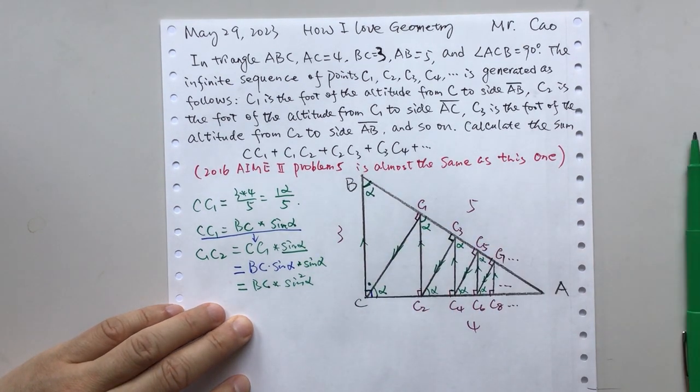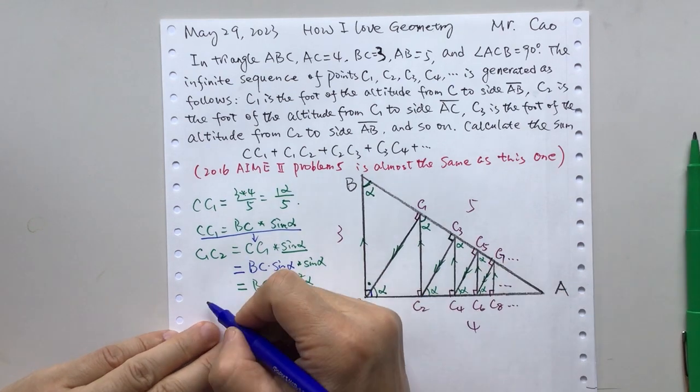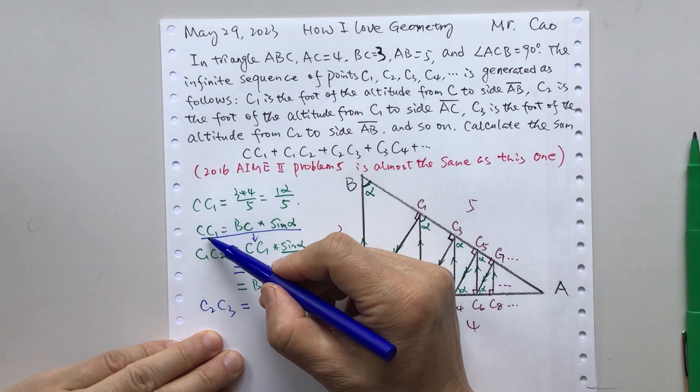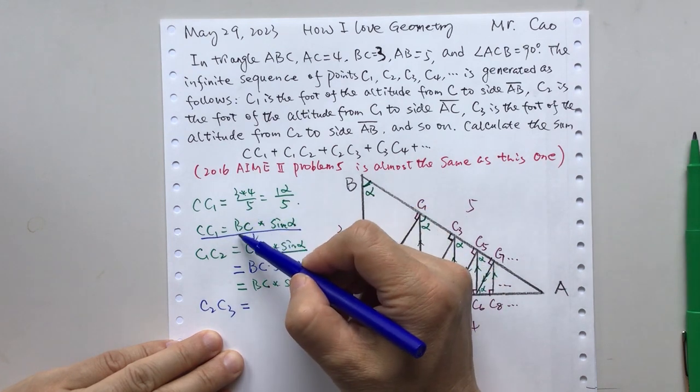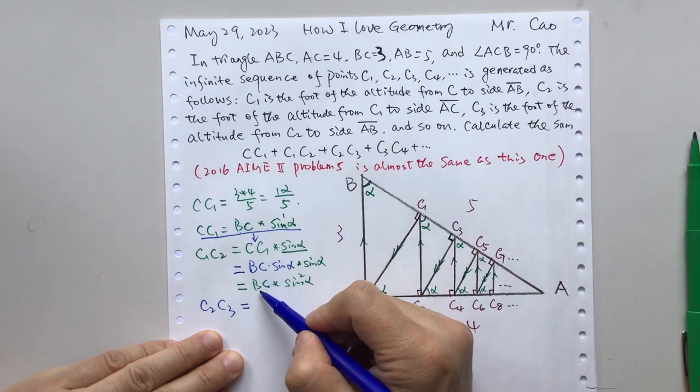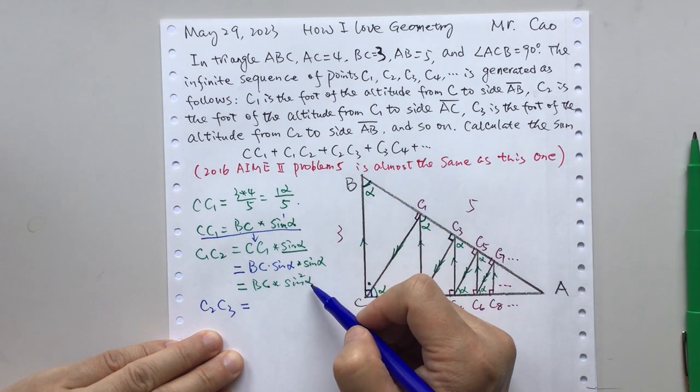Then we can go on to C2C3 to find the pattern. Now, the pattern almost appears, because you see here is BC times sine alpha to the first power, right? And here is BC times sine to the second power.